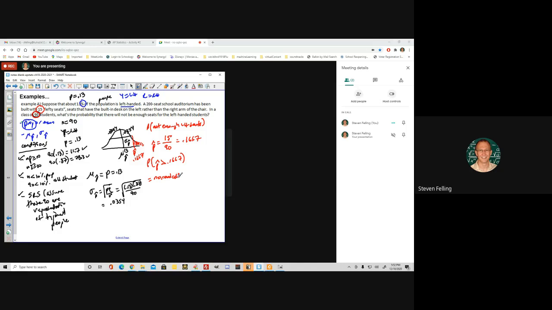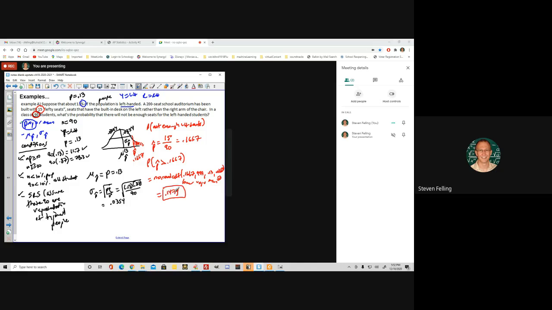Normal CDF from 0.1667 to infinity, if the mean is 0.13 and the standard deviation is 0.0354, labeled lower, upper, mean, standard deviation. So if you plug that in a calculator, you end up getting 0.1479.